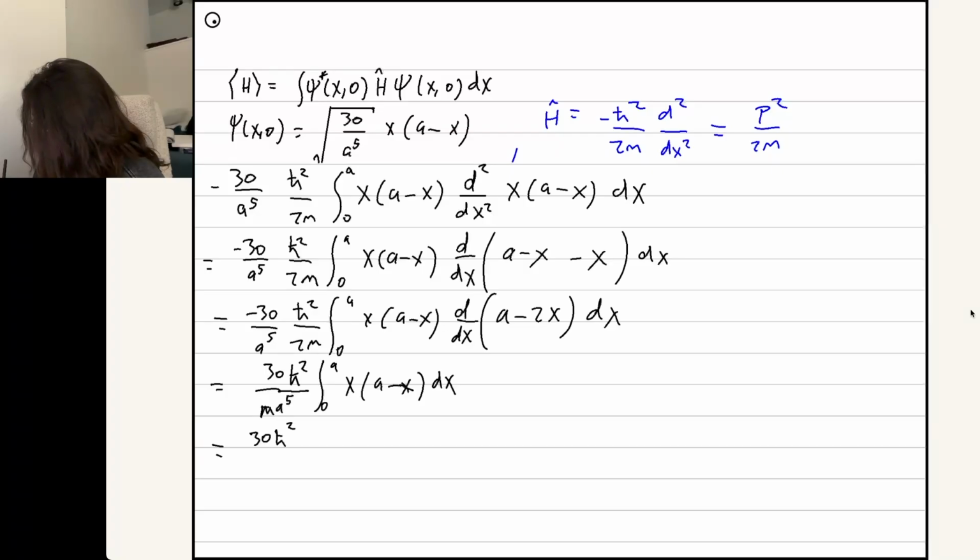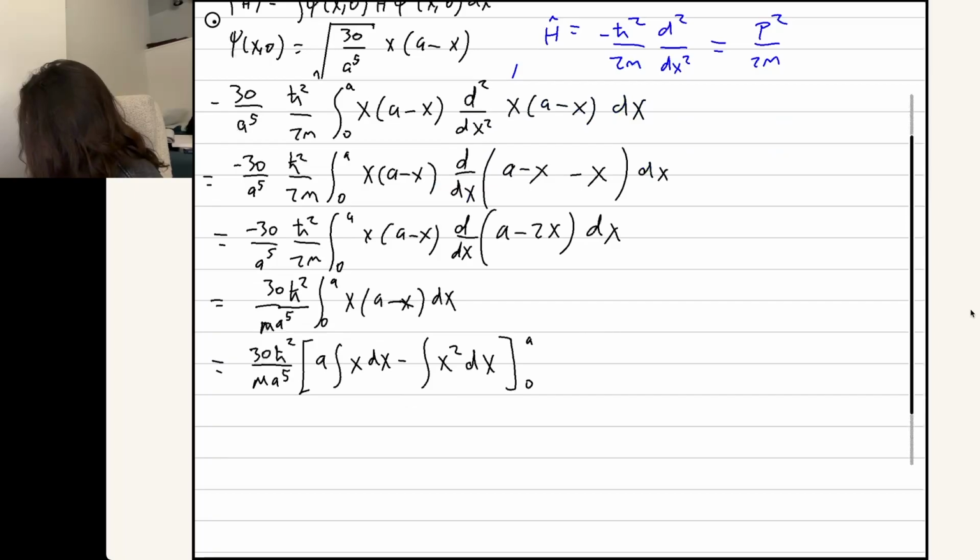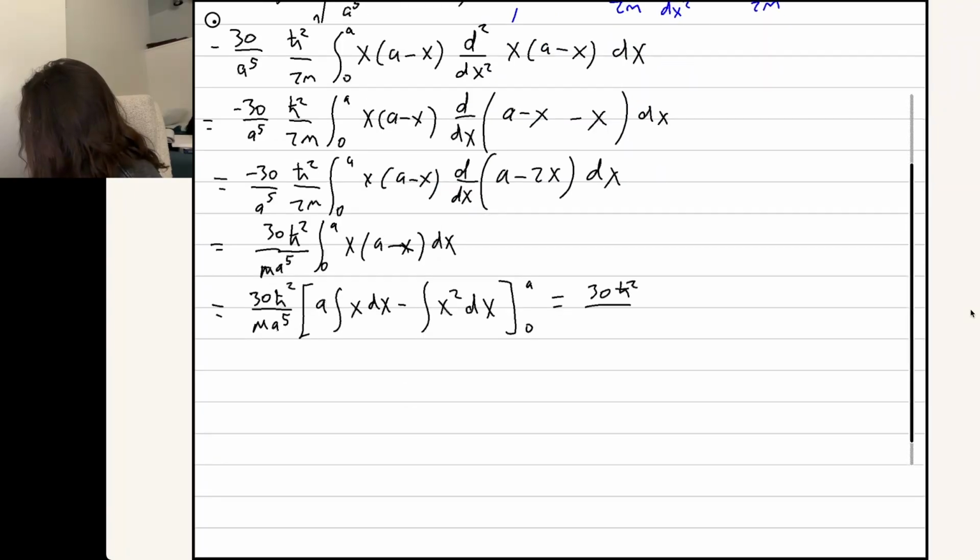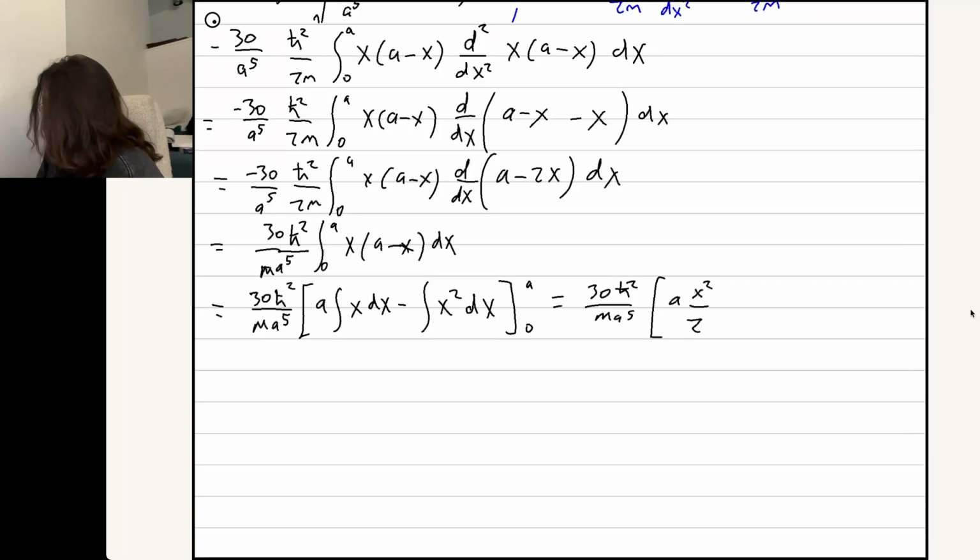Integrals are not too tough, but I am going to expand it into a times x dx minus x squared dx from 0 to a, which does evaluate to a x squared over 2 minus x cubed over 3, from 0 to a, and that's plugging in the endpoints.